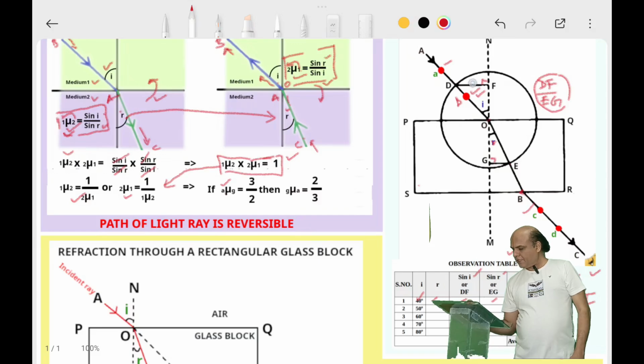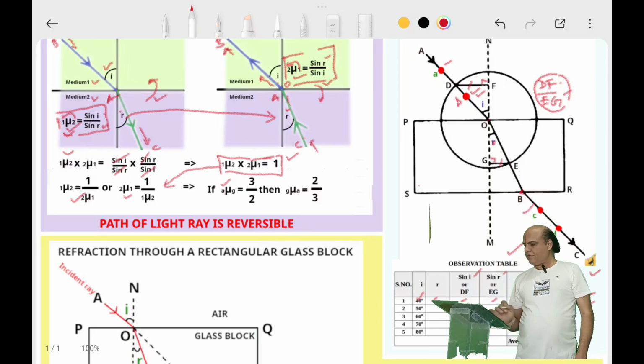If you measure these two lines, DF and GE, the ratio of DF and EG would give you the refractive index.